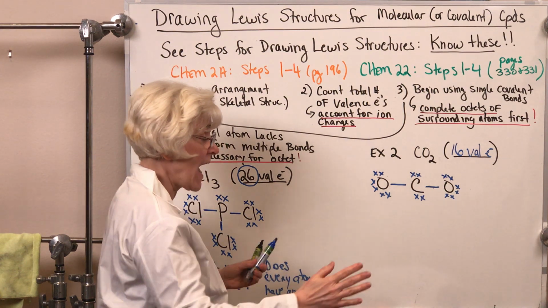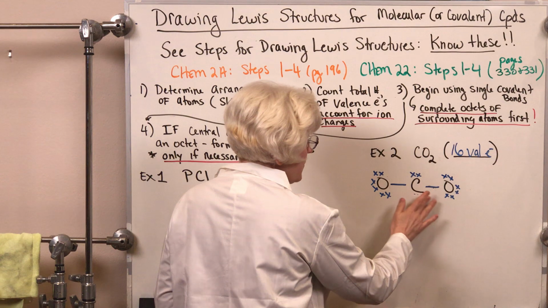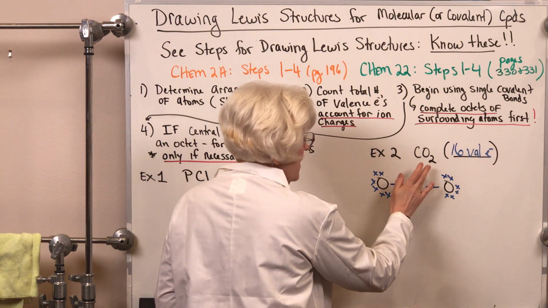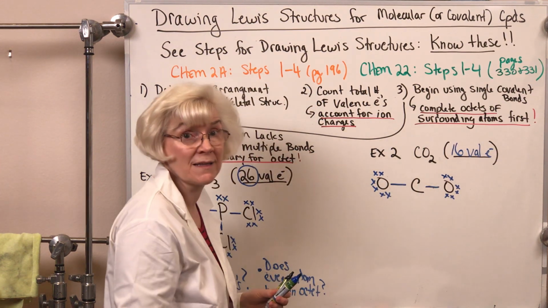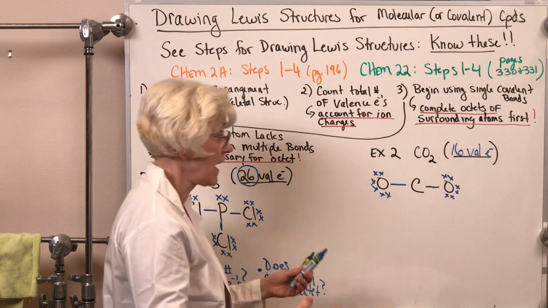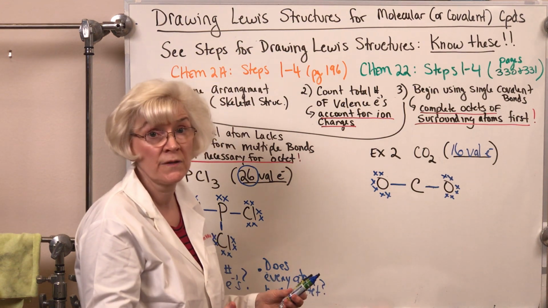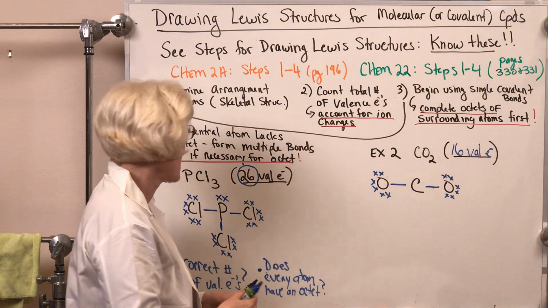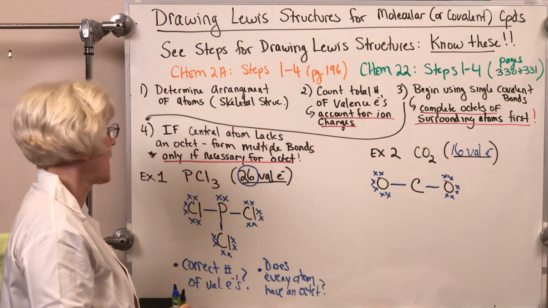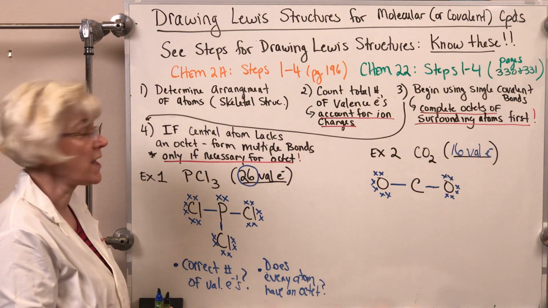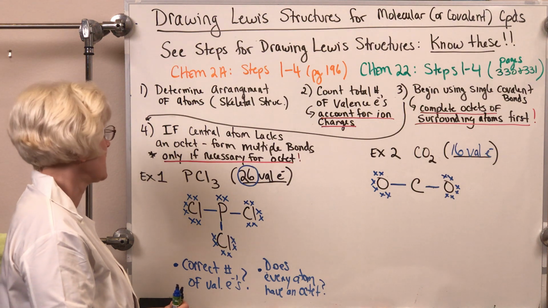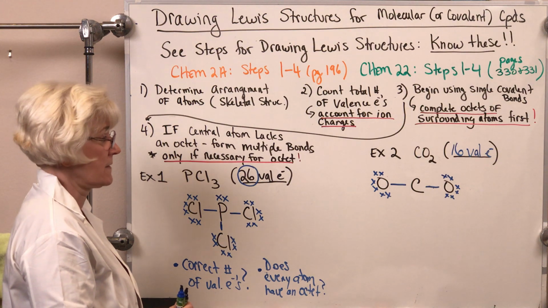So I'm going to have to back up and remove those extra electrons that I placed incorrectly on the carbon atom. I don't have those electrons to work with. So that's where step 4 comes into play. If the central atom lacks an octet, form multiple bonds.